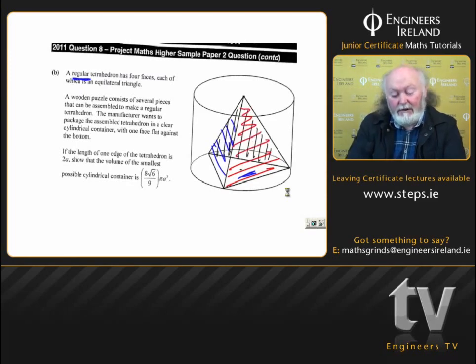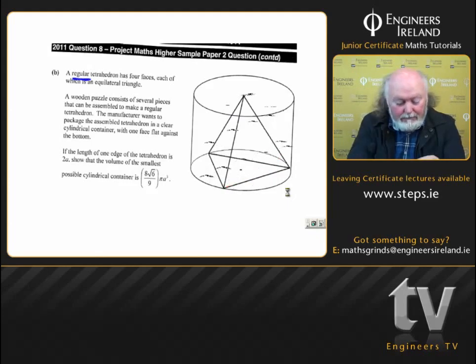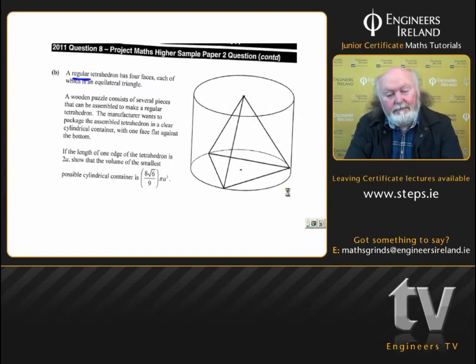So it does have four sides. We're going to find a piece of information out about it. Each of which is an equilateral triangle. Equilateral. Okay.